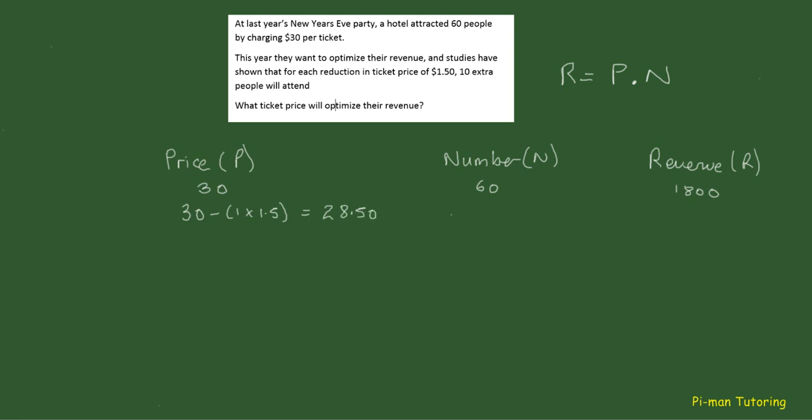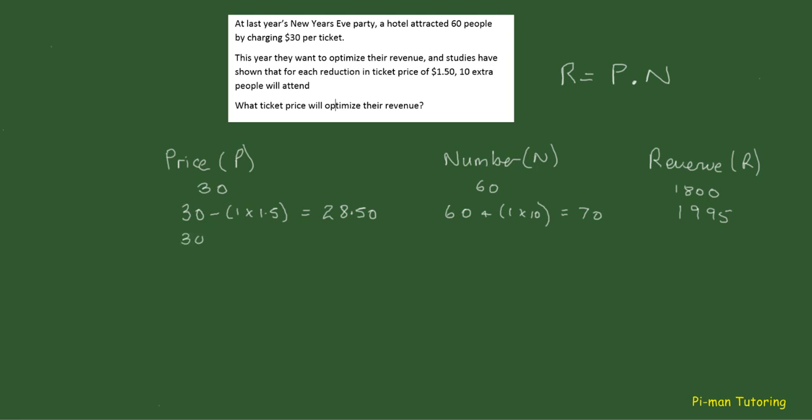Then the number we sell will be 60 plus 1 times 10, the increase in the number of sales, which gives us 70. And if we multiply those two numbers together, our revenue goes up to $1,995. And we can keep going filling in this table.